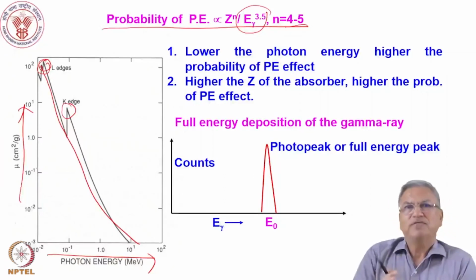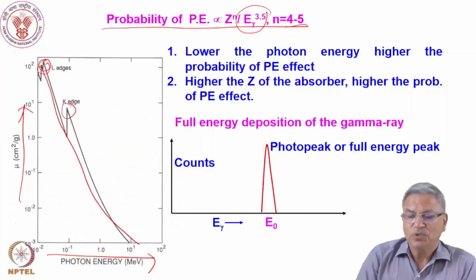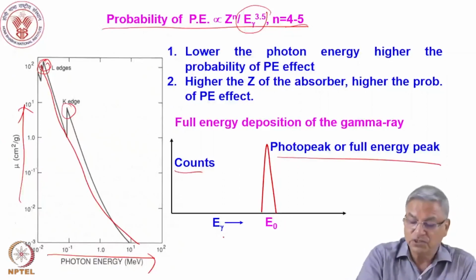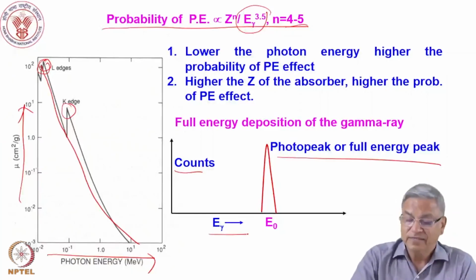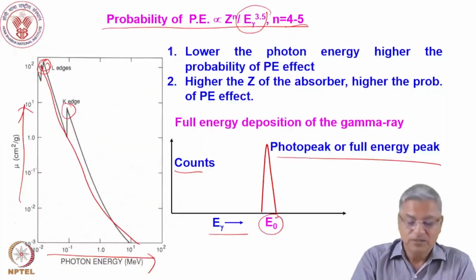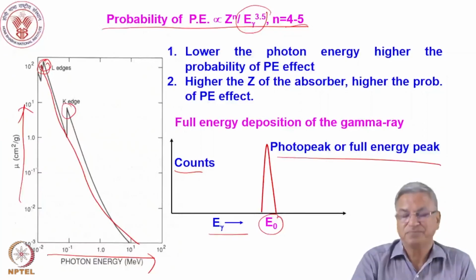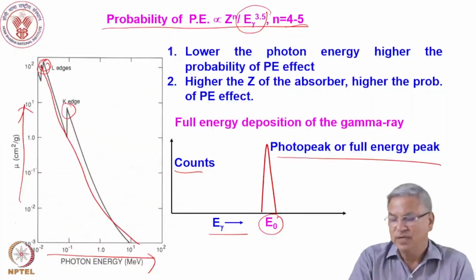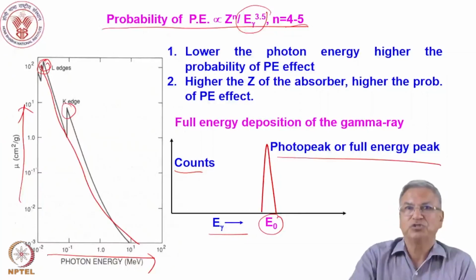The photoelectric effect is one process that leads to complete deposition of the energy of the photon in the detector system. In the typical spectrum, counts versus energy of the gamma ray, if the energy of the photon was E0, it will lead to a sharp peak. Ideally it should be a delta function, a sharp line, but the detector has its own resolution, and so it becomes a Gaussian peak.